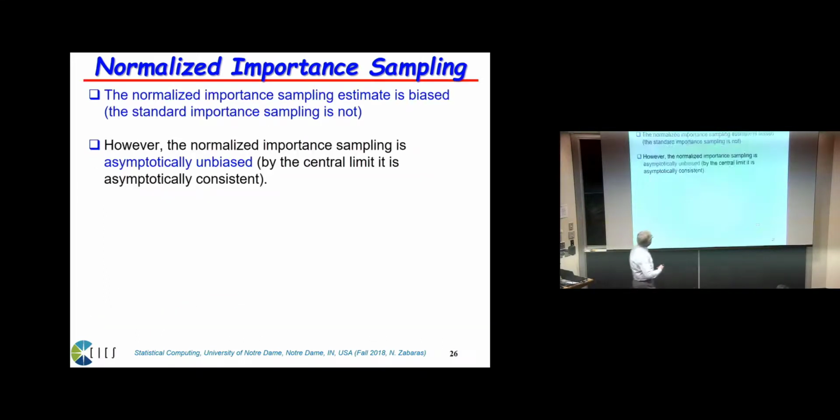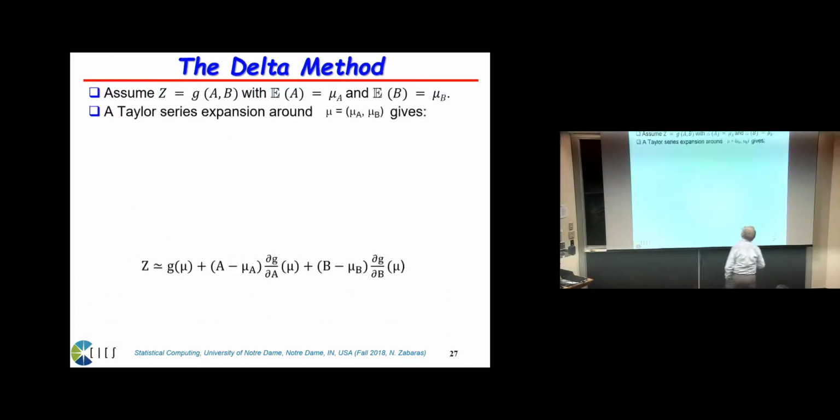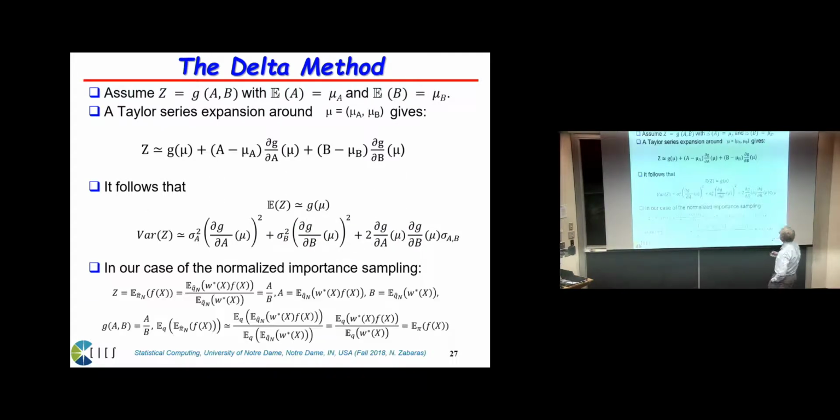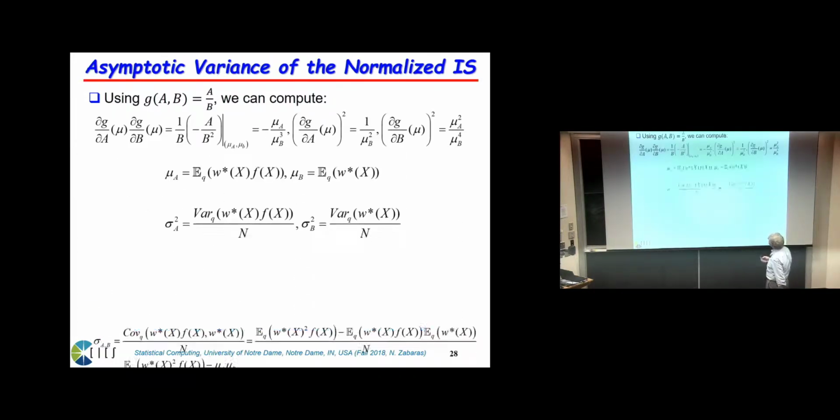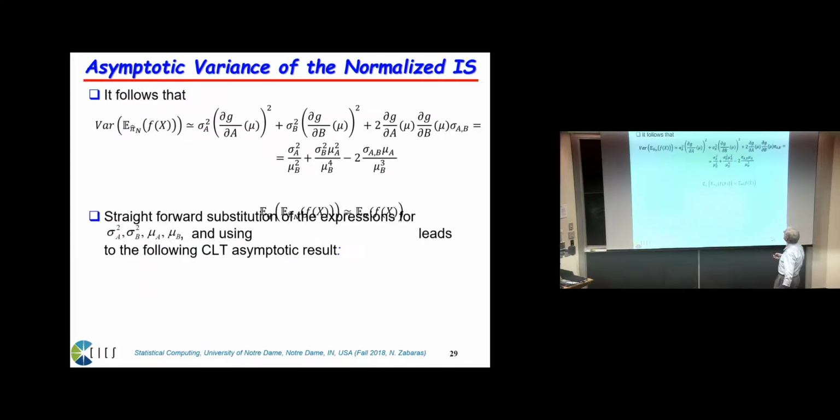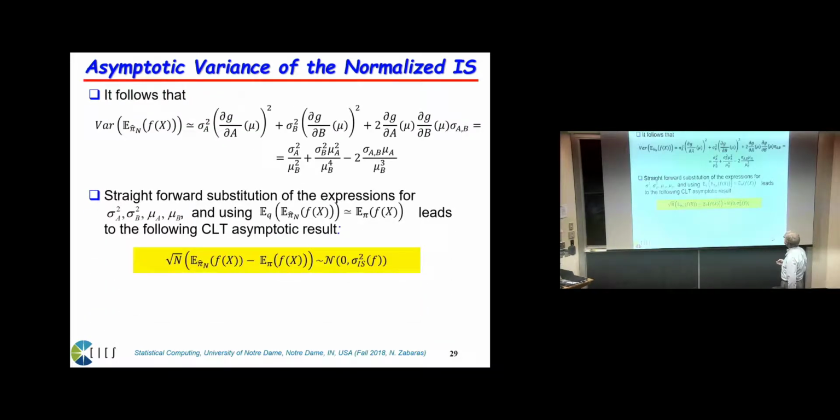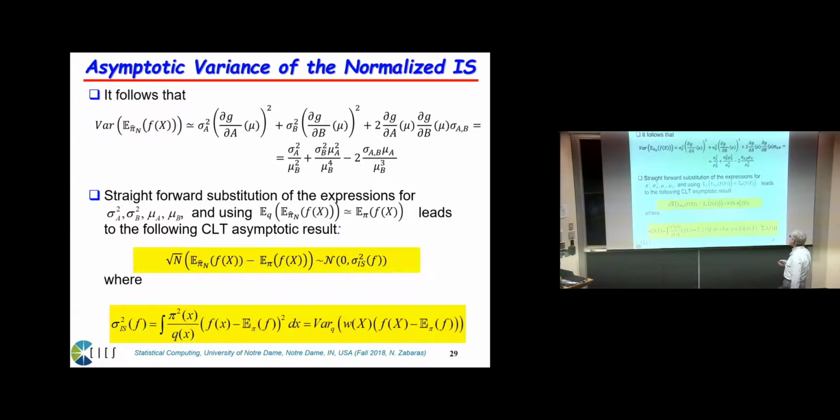Well, I am going to give you the answers. The derivation uses what's called the delta method, which, you guys who love calculus, is only 2 pages long. So this is our approximation, this is the true expectation, and this is what we get.